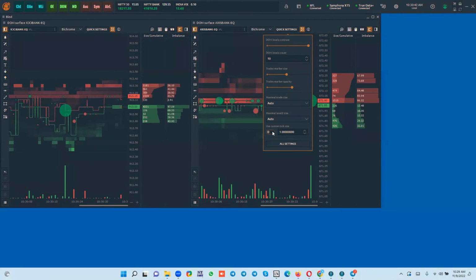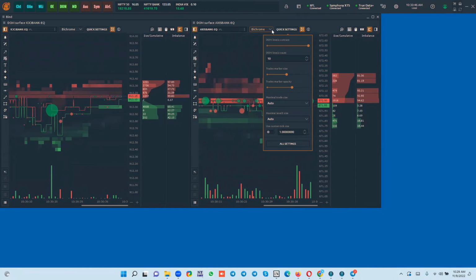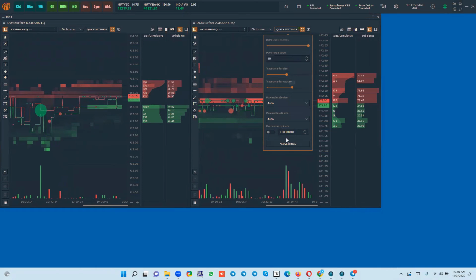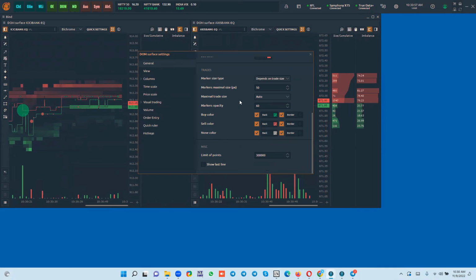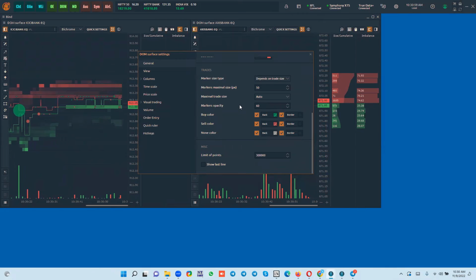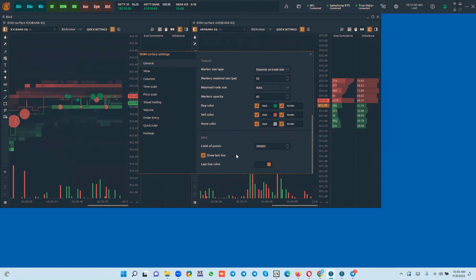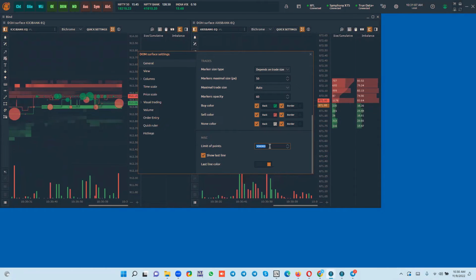No, can you go to all settings, please? Here in the main setting panel, just scroll down to the bottom, please. Yeah, so that 3 lakh limit of points. This is something which is, I think, related to limit of points.